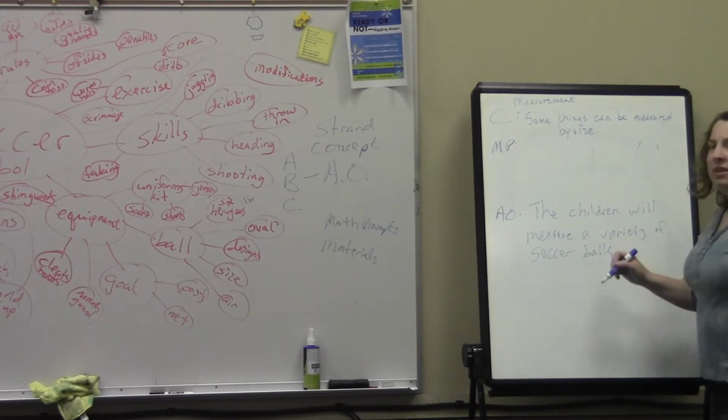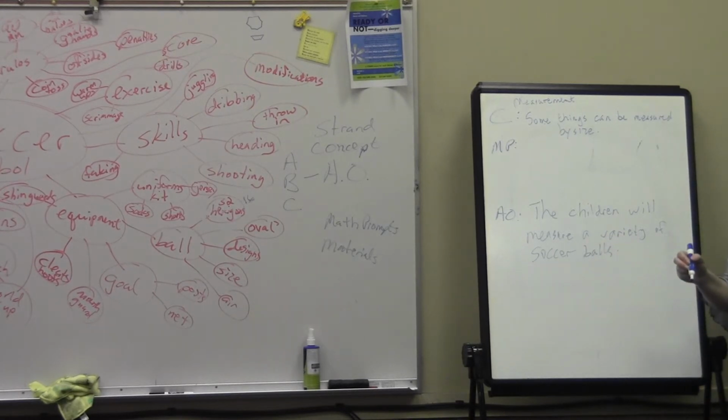Do we want to make it, the children will measure the circumference? What are they going to measure? Other soccer balls? The circumference? Yes, so they could seriate by size. I guess you could measure it by the soccer balls. So we could just compare one to the other and seriate them by size.